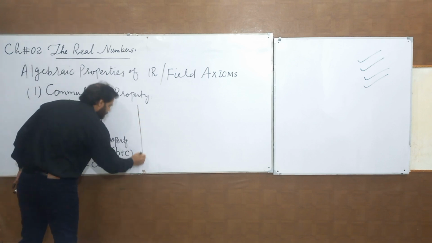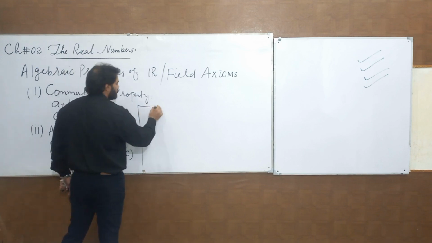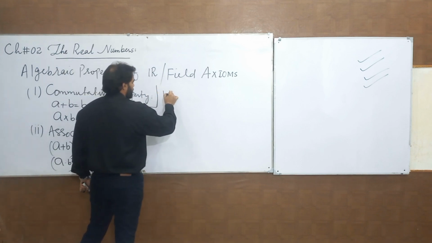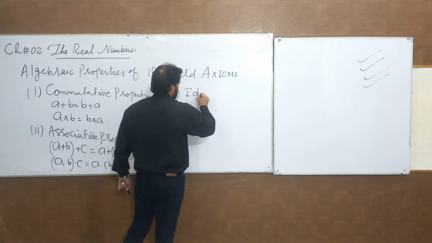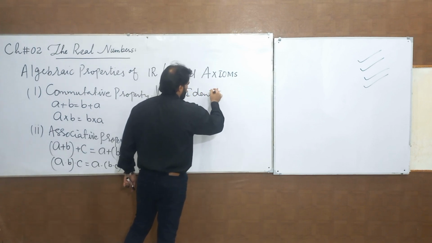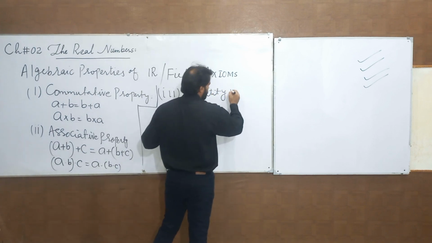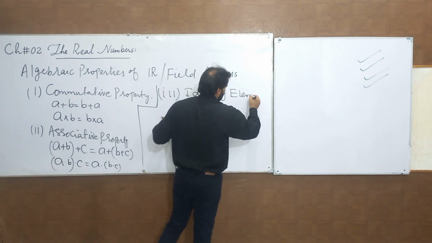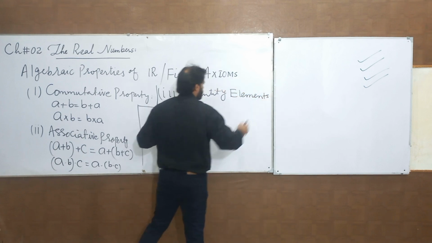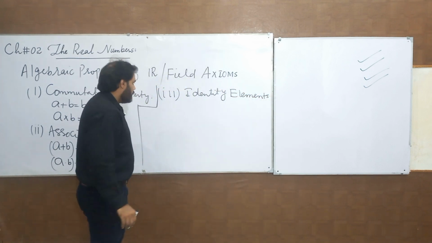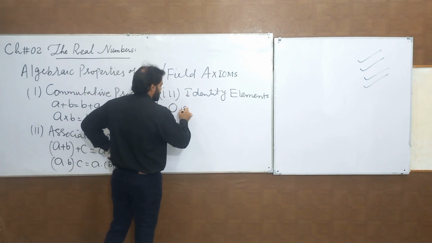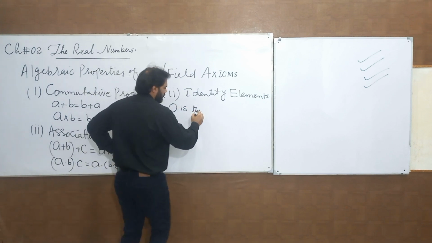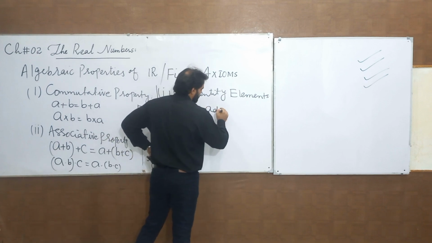The next one is identity elements. In case of addition, 0 is called the additive identity.